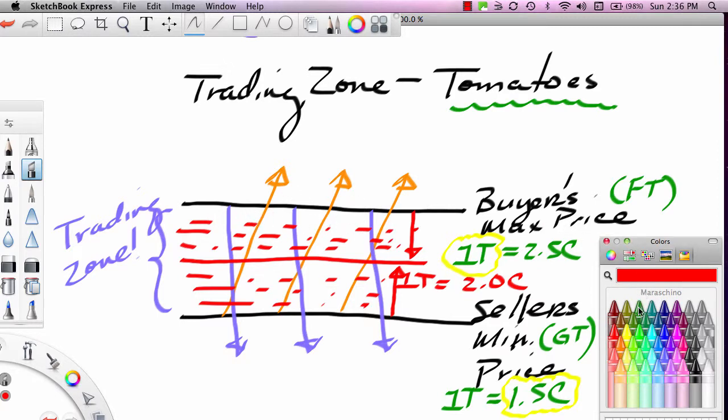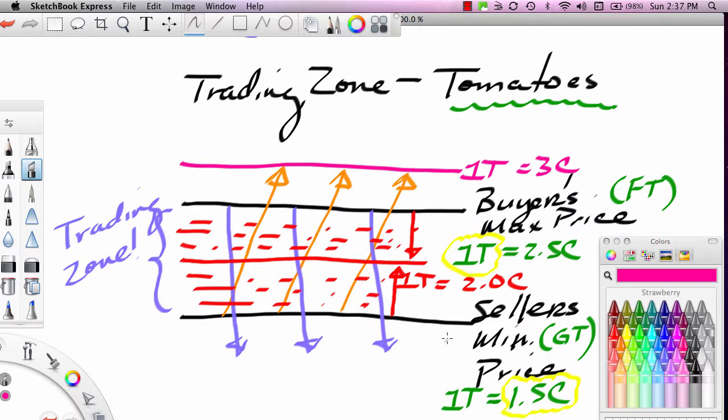Notice that any price outside the zone, well, let me see if I can find a different color. We'll go with strawberry. Say a price up here is not going to work because it won't satisfy the buyer. So if the exchange rate being discussed is 1T equals 3C, that is obviously an exchange rate that the seller would be very happy with.